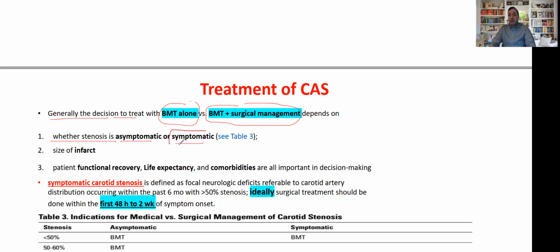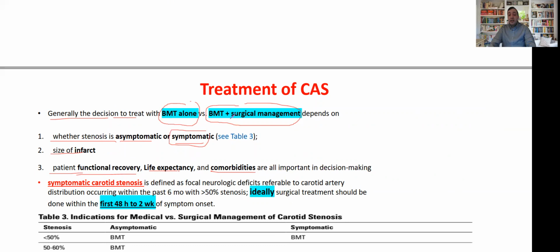Our patient is symptomatic here, and the size of the infarct is one of the factors, along with patient functional recovery, life expectancy, and comorbidities. All of these are important factors in the decision making.